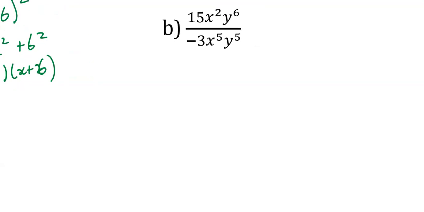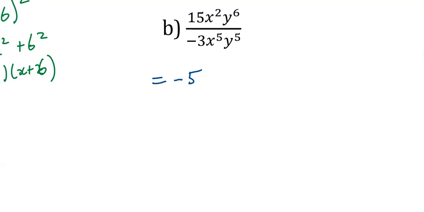Next one, same idea. No extra exponent in this one, so we can start dividing right away. 15 divided by negative 3, so that's negative 5. These ones are nice because it lines up the parts that are supposed to go together, right? So I do the coefficients with each other, the x parts with each other, and the y parts with each other.